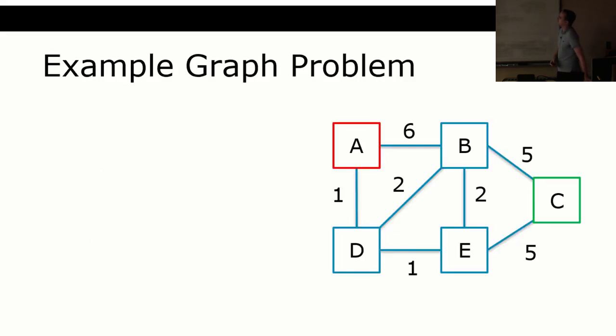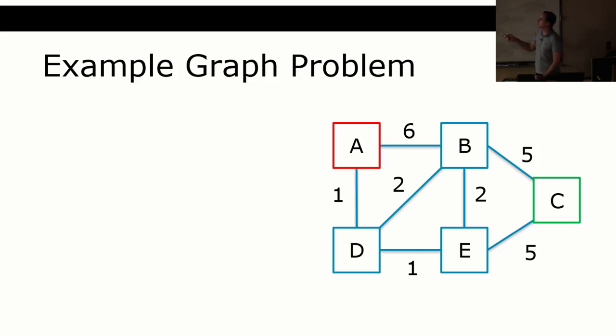So let's look at an example of this. Here we have a graph. And so pretty much all problems that we are going to be considering are defined on a graph. And that graph has states and edges between those states. So if you've done graph theory before, then these are going to be called nodes and edges between the nodes. But nodes for our course are going to mean something a little bit different.